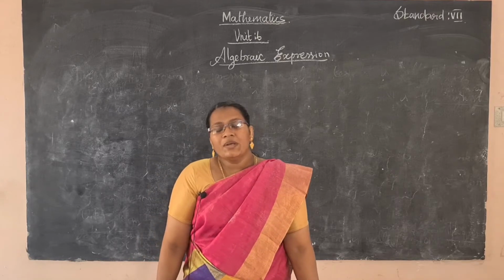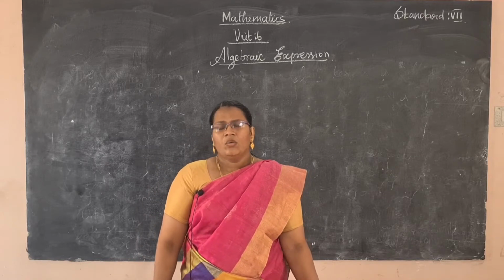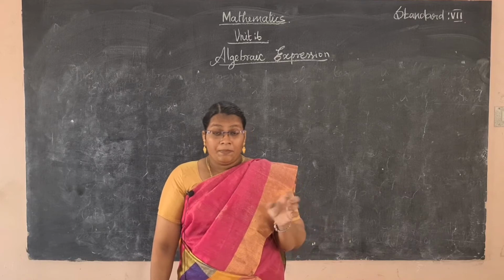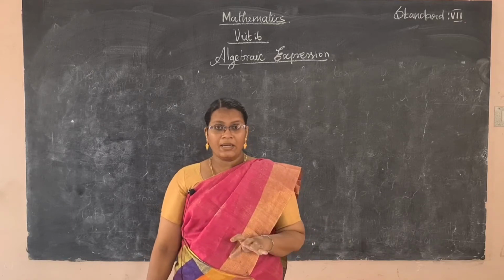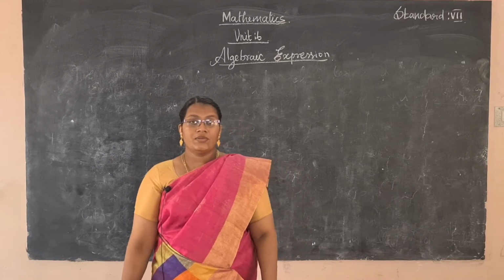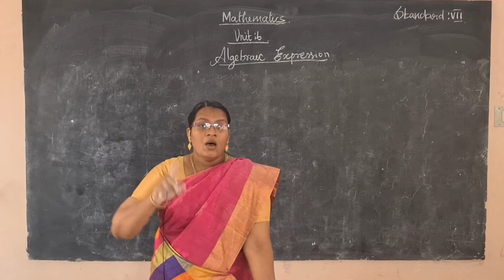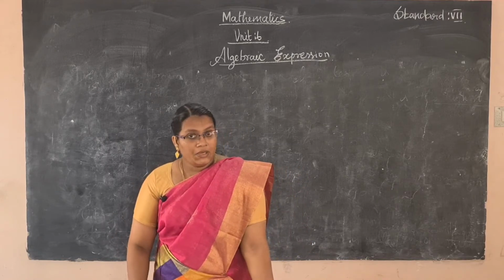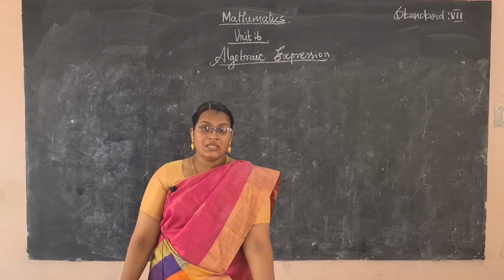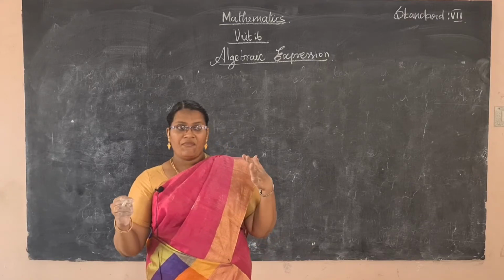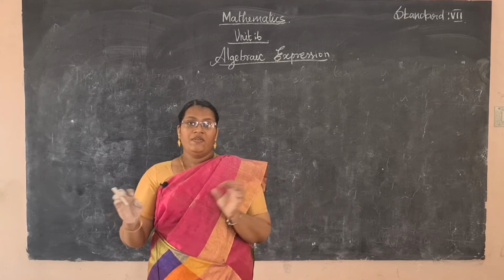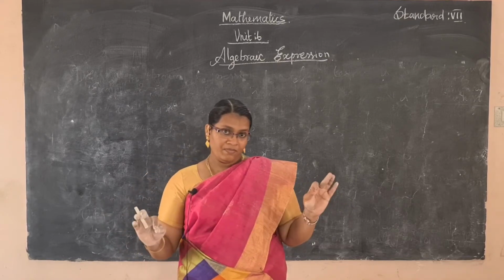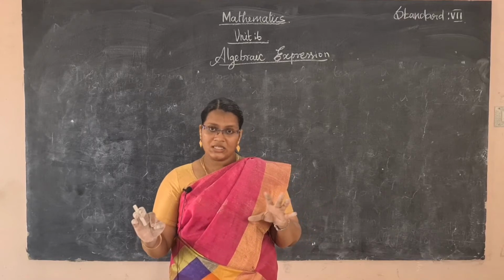Okay, what is the meaning of term? A part of an algebraic expression separated by a plus or minus sign is called a term. It has 2 types: one is like term, another one is unlike term. Like terms have the same literal variables with the same degree.